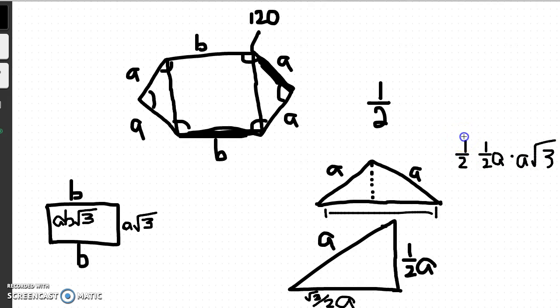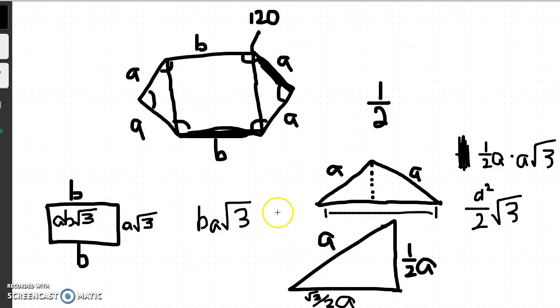So 2 times that means we can get rid of the 1/2. The area of the two triangles together is A squared over 2 times root 3. The area of the rectangle is BA root 3.